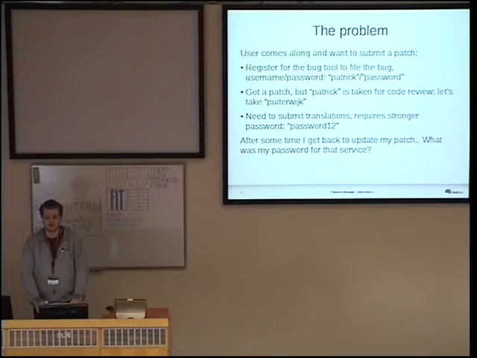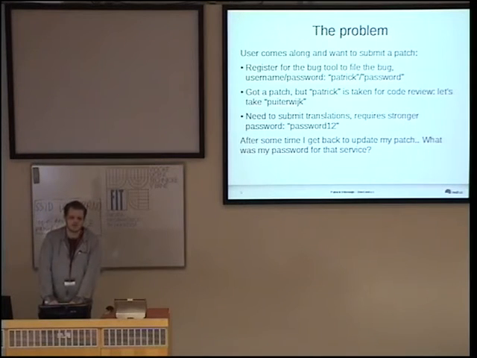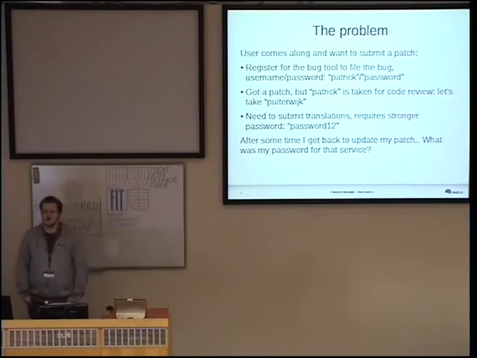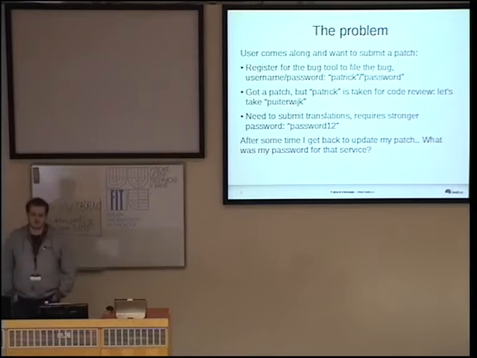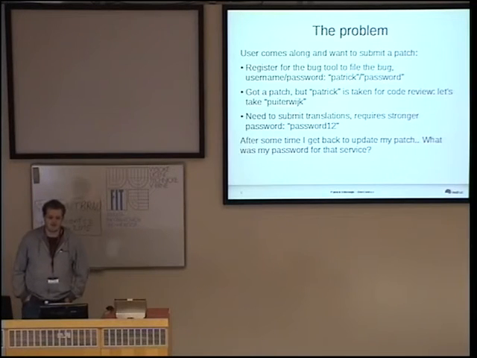Oh wait, what email address did I use again? So basically, the problem is that for every service of this one project, I've got a different username and password, and they're probably not the same everywhere. I've had this with some projects which I tried to contribute to, and, well, it hurt. I wonder how many of you have hit this problem, because I've hit it several times during several projects.